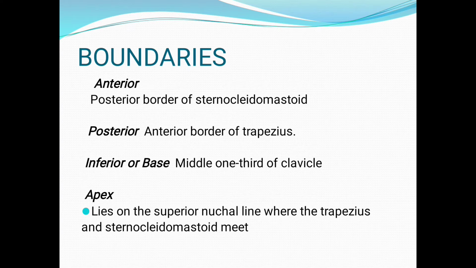The apex lies at the superior nuchal line. The superior nuchal line is the curved bony arch on the occipital bone which starts from the external occipital protuberance. The apex lies on the superior nuchal line where the two muscles, the trapezius and the sternocleidomastoid, meet.